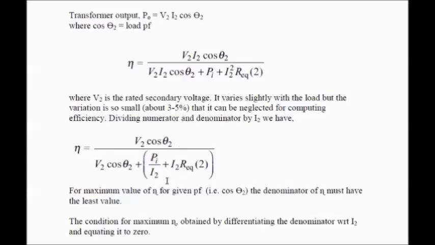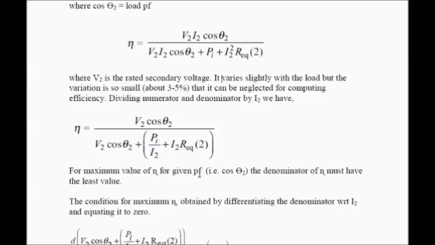Eta is efficiency, and to get maximum efficiency for a given power factor, this denominator must be minimum, or must have least value. Since V2 is almost constant because there is a very slight variation in V2 with load, the variable here is I2 only.